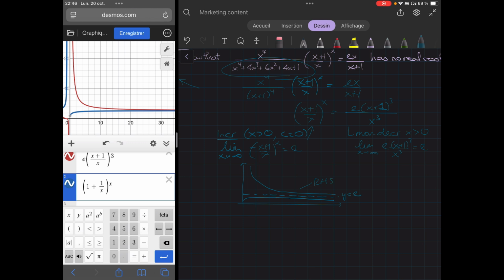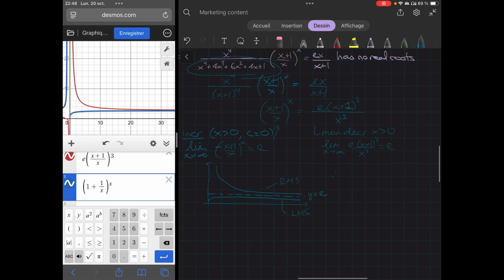This is going to be the right hand side, this is going to be the left hand side. Therefore, they do not intersect. And therefore, the equation has no real roots. And this is the end of question 1.